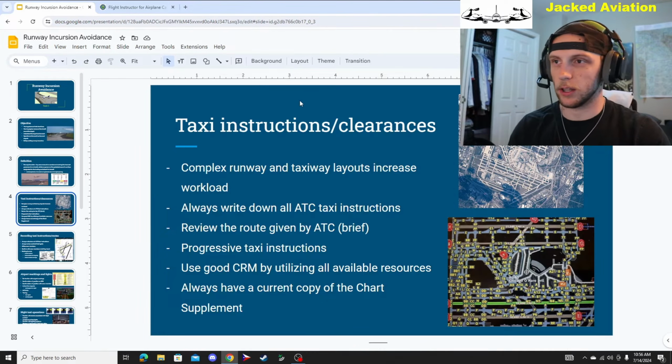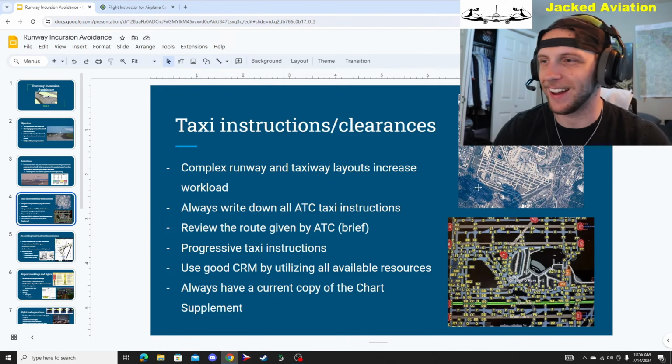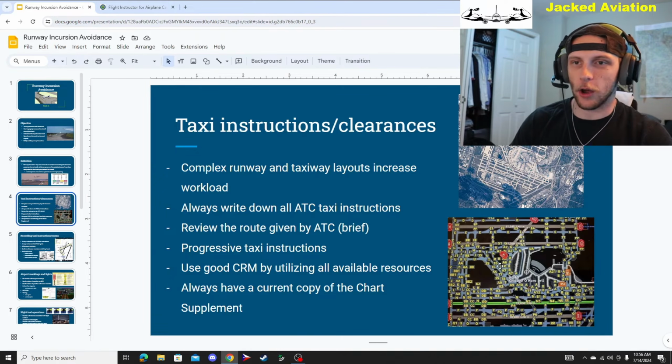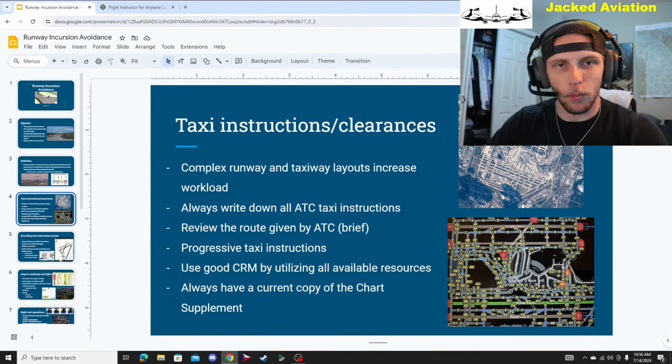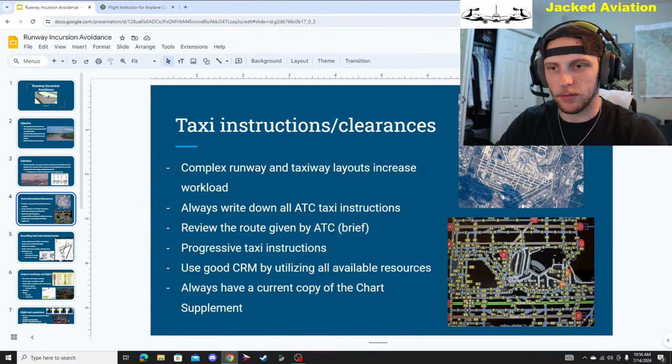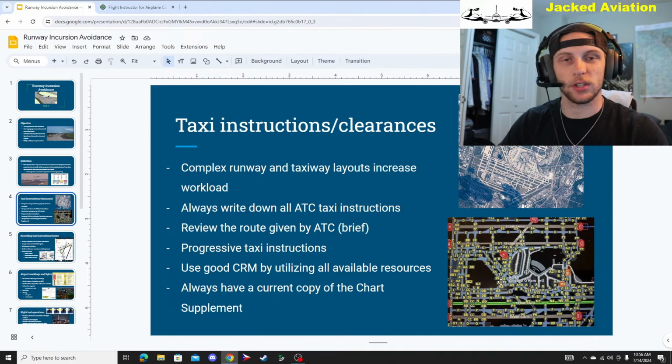That sounds very logical, because right here is Chicago O'Hare. You see, they have multiple different runways, multiple different taxiways, right? When I'm given a very complex taxi instruction, it could be 7, 8, 9 different taxiways that I could take just to get to the opposite side of the airport.